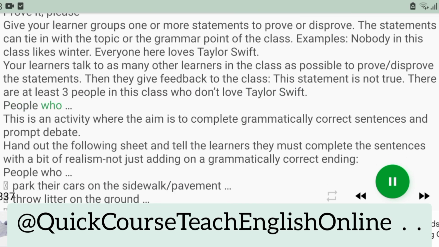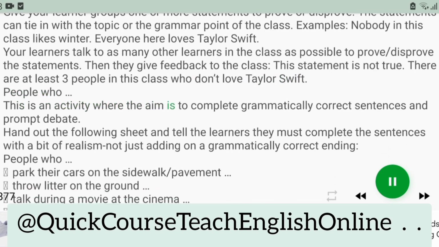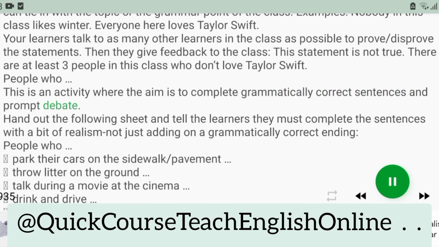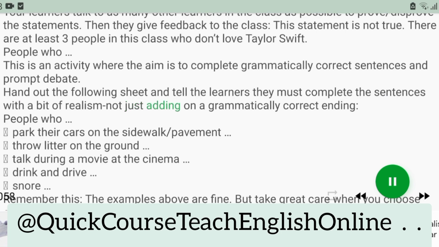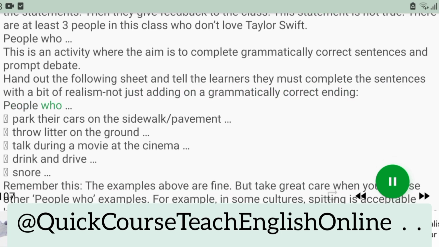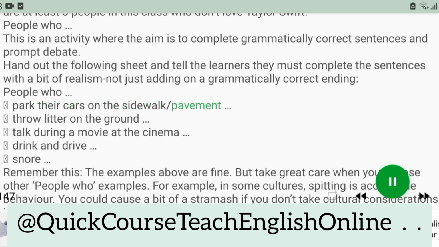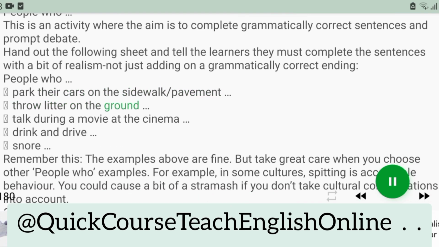People who. This is an activity where the aim is to complete grammatically correct sentences and prompt debate. Hand out the following sheet and tell the learners they must complete the sentences with a bit of realism, not just adding on a grammatically correct ending. People who park their cars on the sidewalk pavement. Throw litter on the ground.